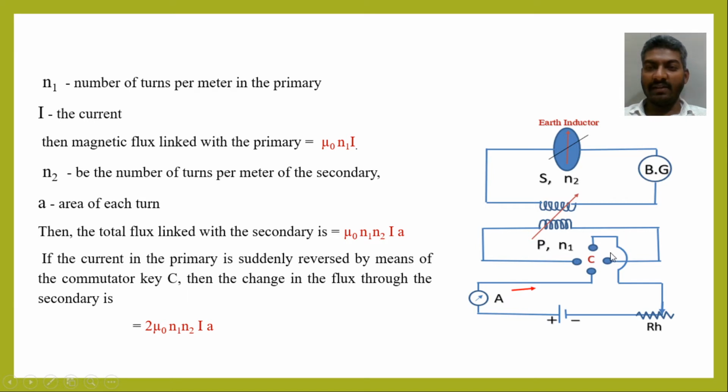Here we can see a commutator. By using this commutator, we can reverse the direction of current. Suppose if we connect these two terminals and these two terminals, then current will flow in this direction.